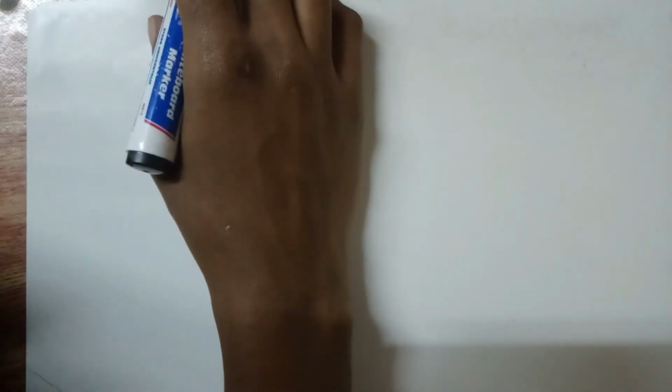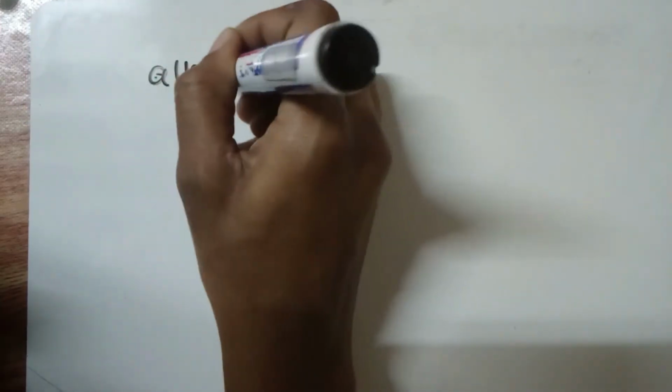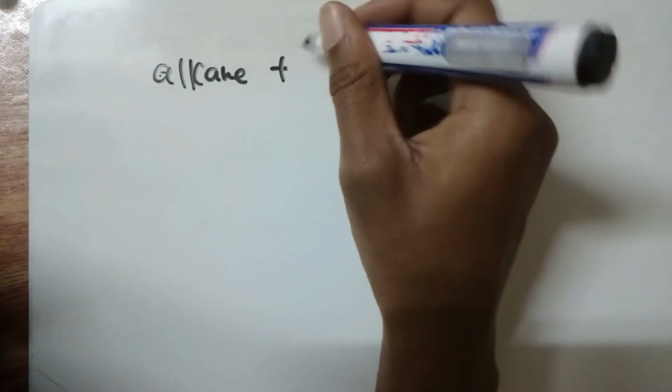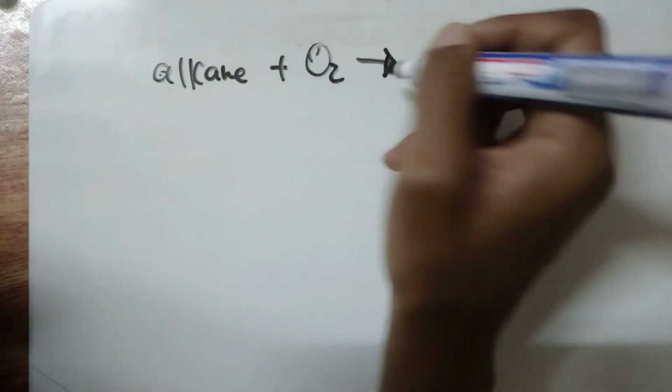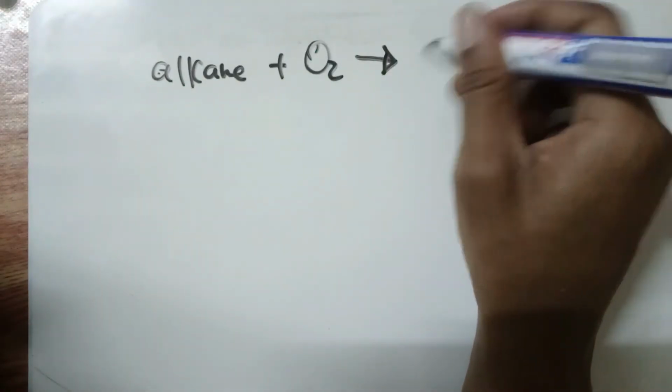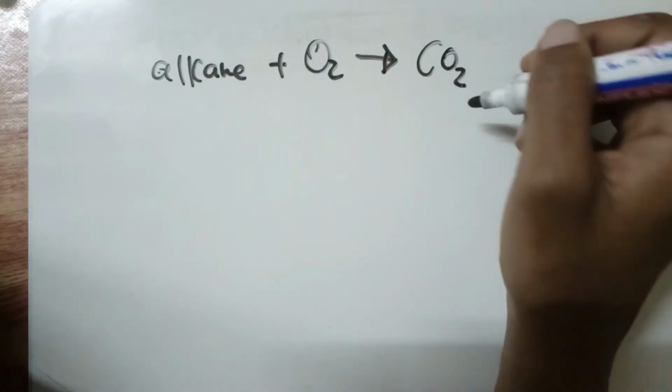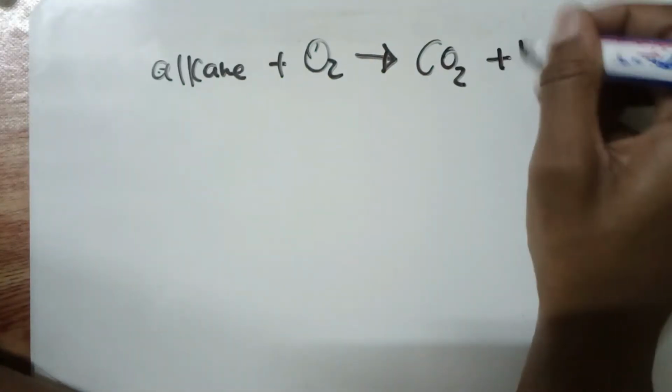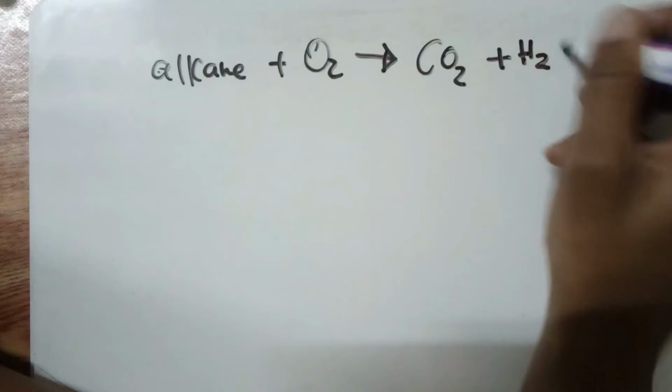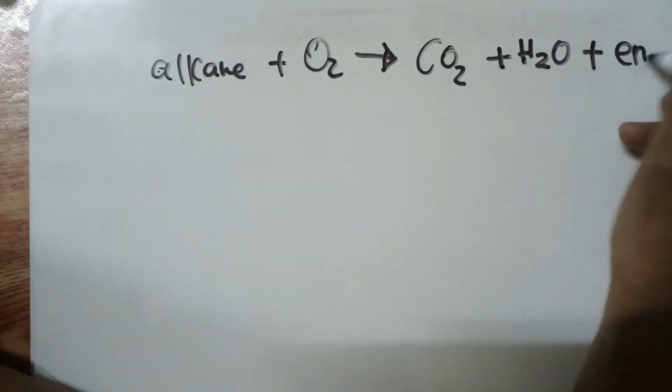Now there's something interesting that happens. When these hydrocarbons, so this can be your alkanes or alkenes, when a hydrocarbon, let's say an alkane, reacts with oxygen, what will happen is that they will form carbon dioxide. So carbon dioxide will be released plus water plus a whole lot of energy, right?